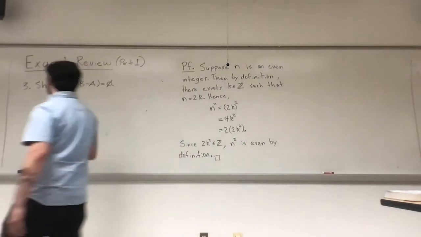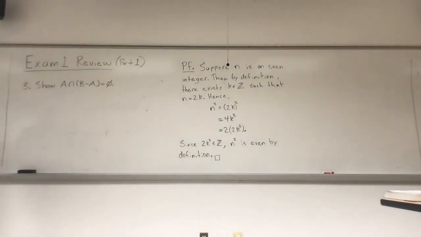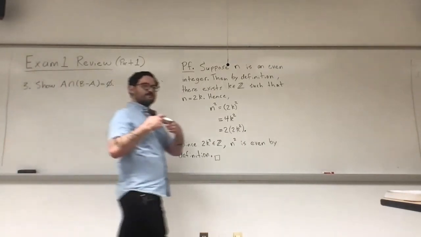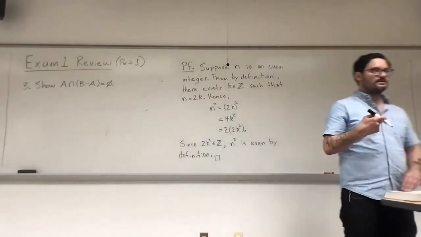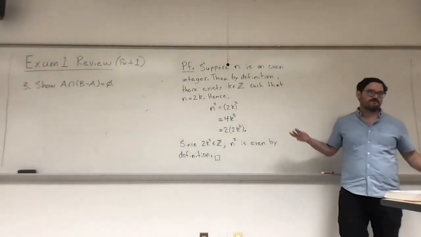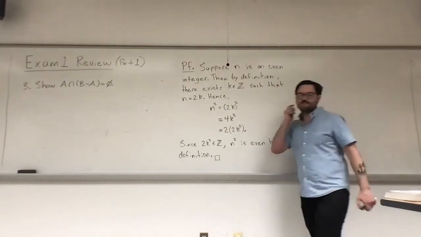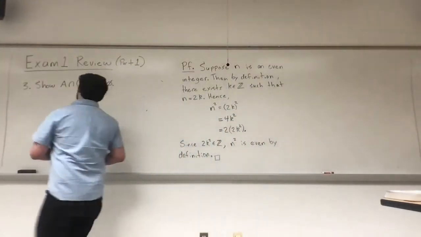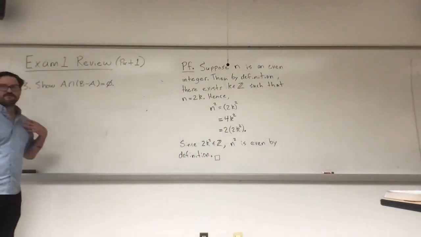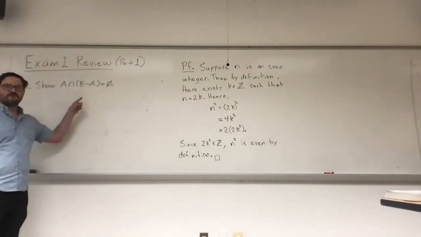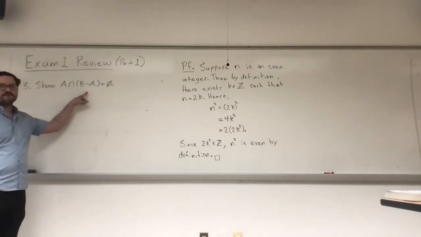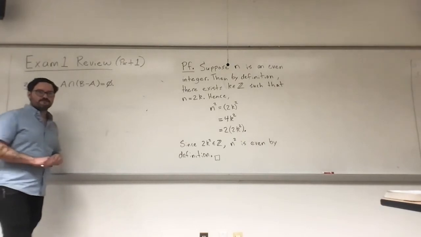Now, we can do this a few different ways. There are tables of set identities, just like logical identities, but we could also do it the proof way. This seems kind of obvious: if you assume that it's not empty, then there has to be something in there and in there, but then there should be a problem immediately.